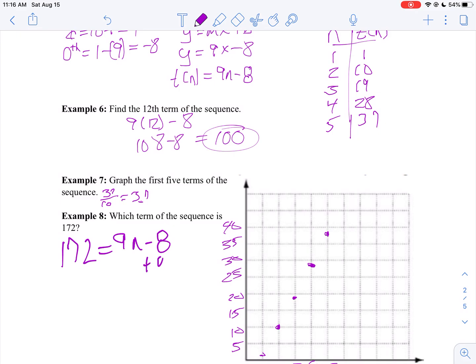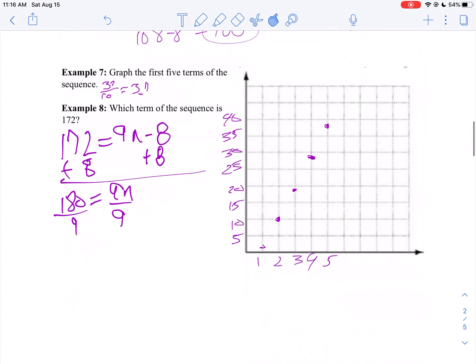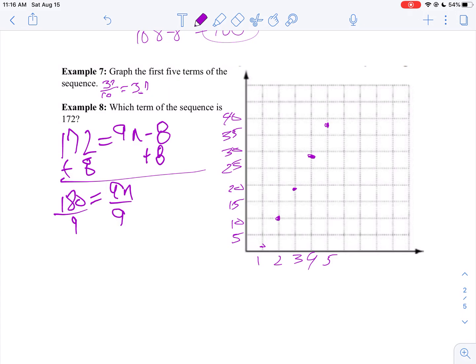We're going to add 8 to both sides. So 172 plus 8 is 180. Divide by 9. And you get 20. So this would be the 20th term of the sequence.